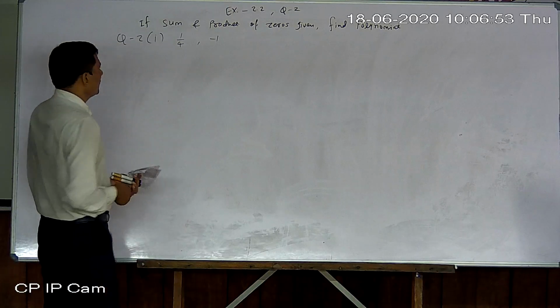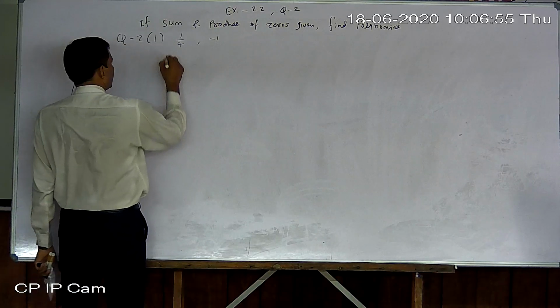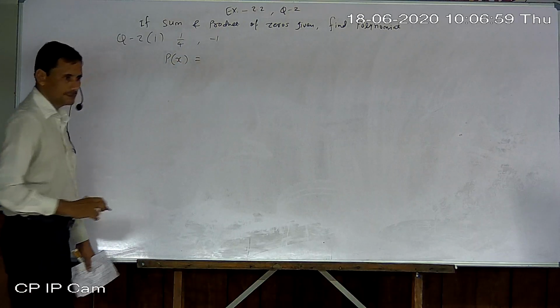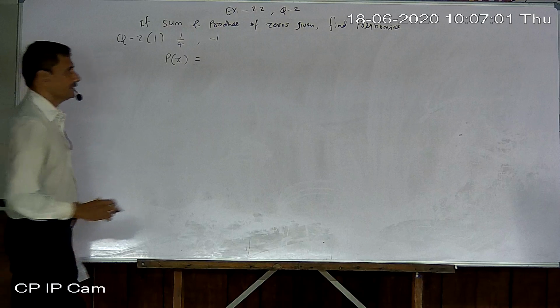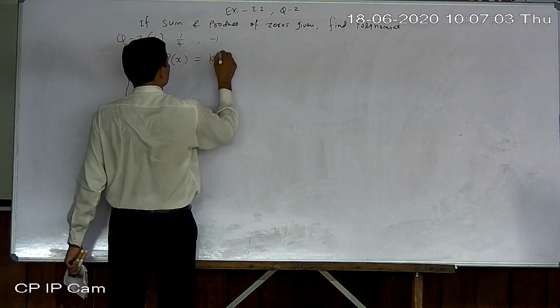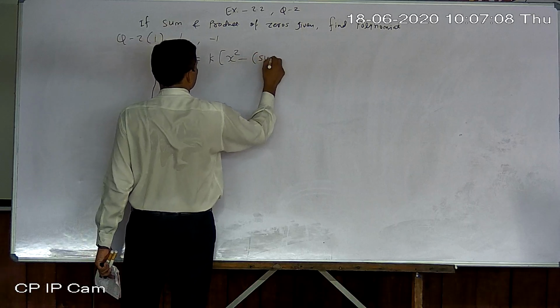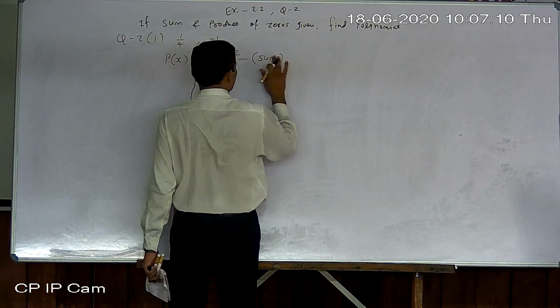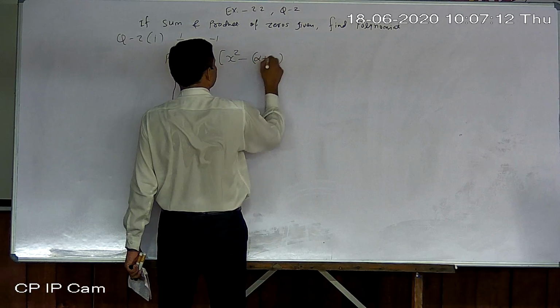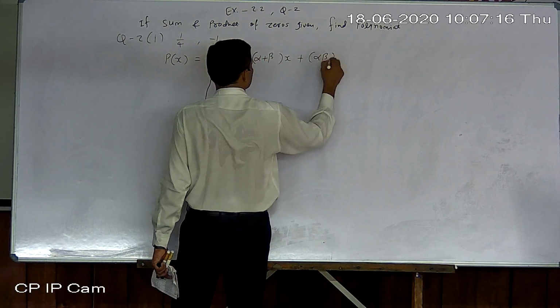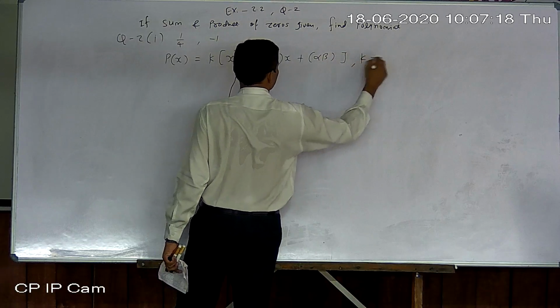Now there is one formula you can write if the sum and product of zeros are given. How to find the polynomial? k times x square minus (sum of zeros, or alpha plus beta) x plus alpha beta, where k is not equal to 0.